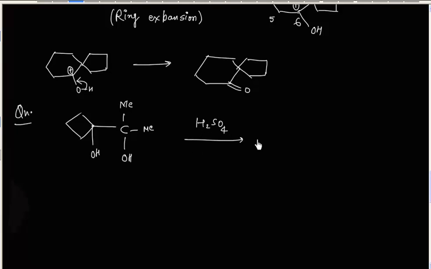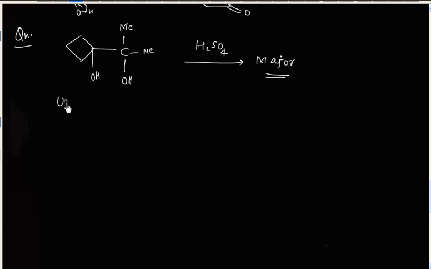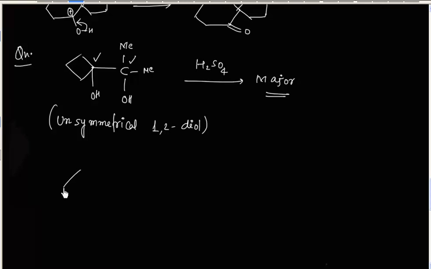Now with H2SO4, we have to write the major product. Now this is a case of an unsymmetrical 1,2-diol. In this case, we can form a carbocation from here, or we can also form a carbocation from here. Let us try.